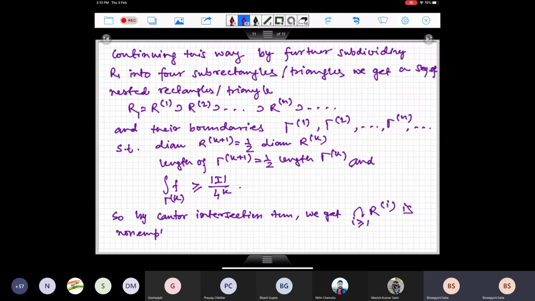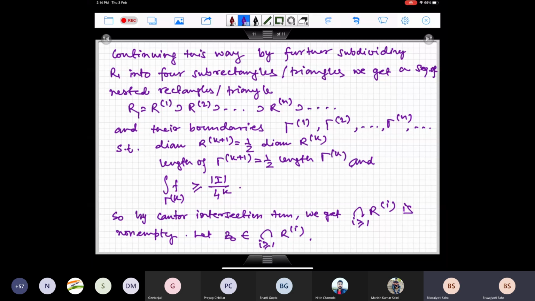Of course, it's going to be a singleton because the diameter of the R_i's goes to 0 as well, because each time it's getting decreased by a factor of half. So this is non-empty. Let z naught be a point which belongs to this intersection of R_i, i bigger than or equal to 1.